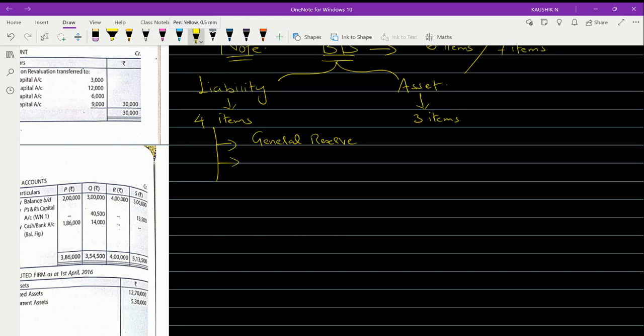The second item is your WCR, Workman Compensation Reserve. Check whether WCR is available in the question or not, and then check whether you have any claims existing with respect to WCR.